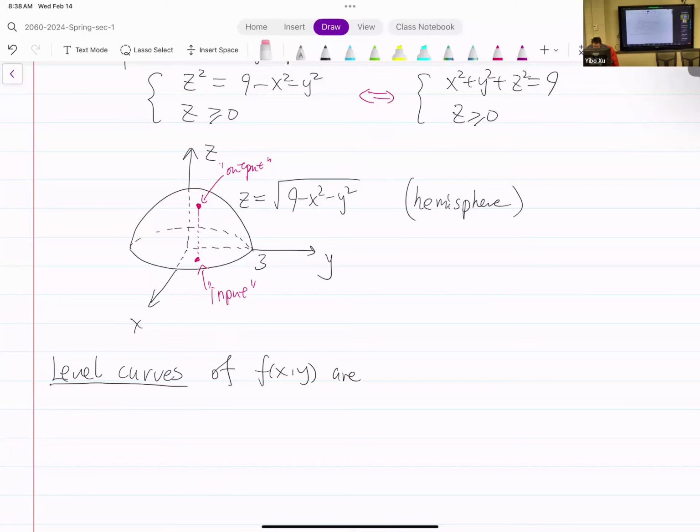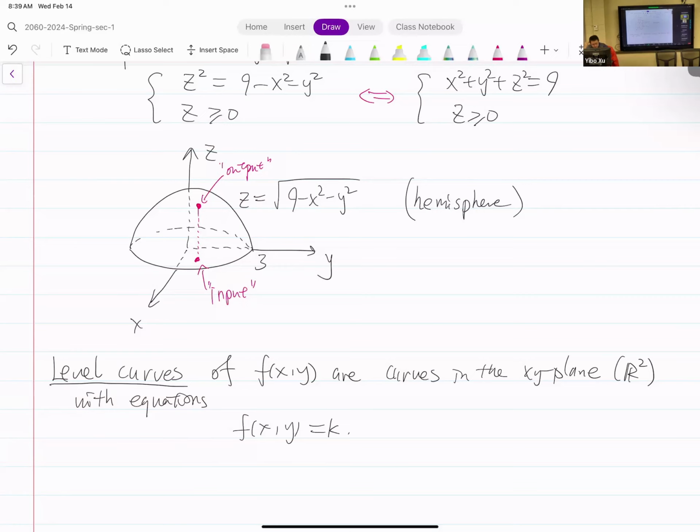So the level curves of f of x, y are curves in the xy plane, R2, with equations f of x, y equals k.